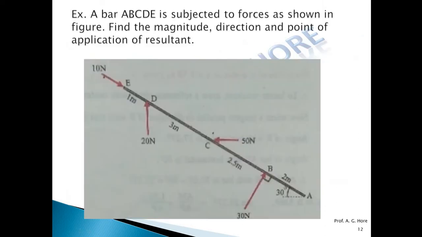Okay. Now the next numerical: a bar ABCDE is subjected to forces as shown in figure. Find magnitude, direction and point of application of resultant. Means we want to find out the magnitude, direction, and point of application, which is nothing but the location of that resultant force. Now here find out the resultant.